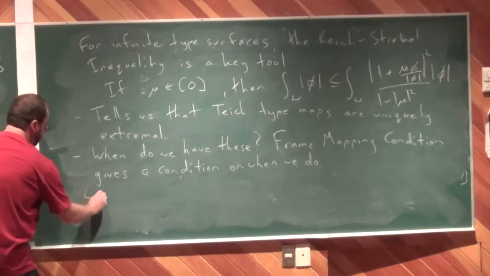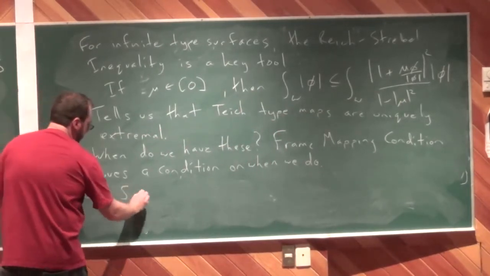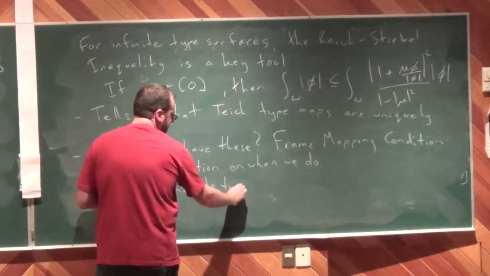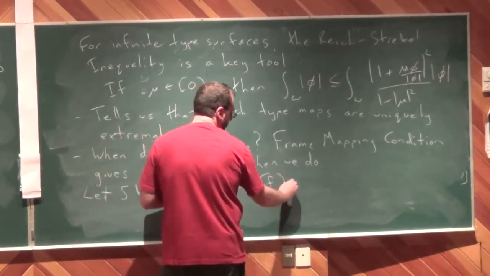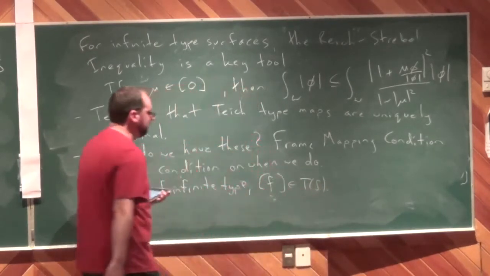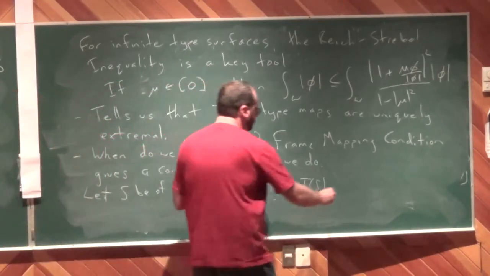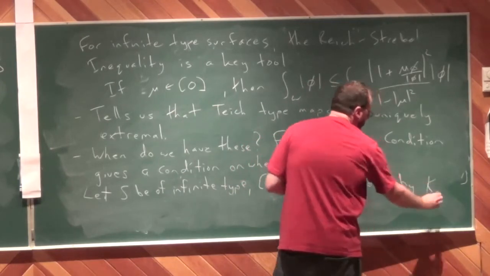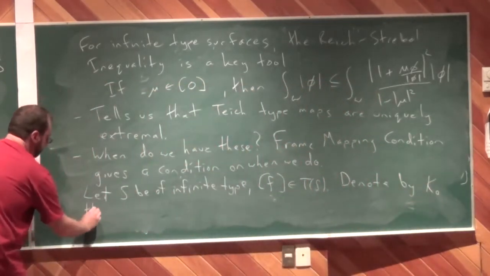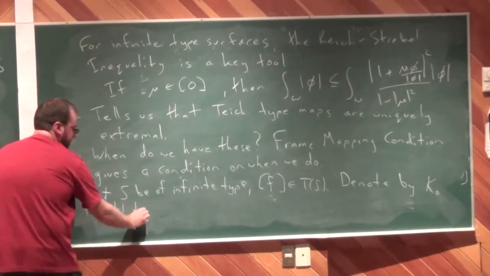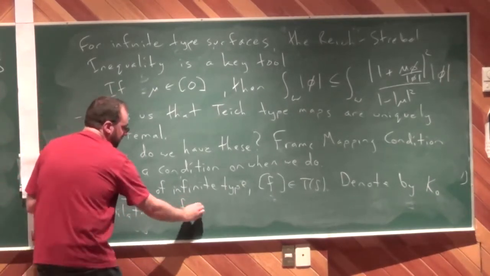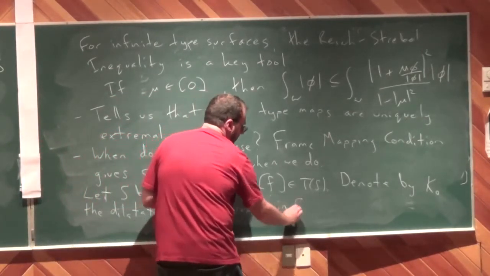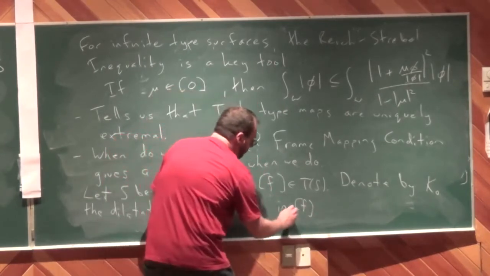So let S be of infinite type. And let's consider a point in our Teichmüller space. We want to denote by K0 the dilatation of an extremal F naught in F.